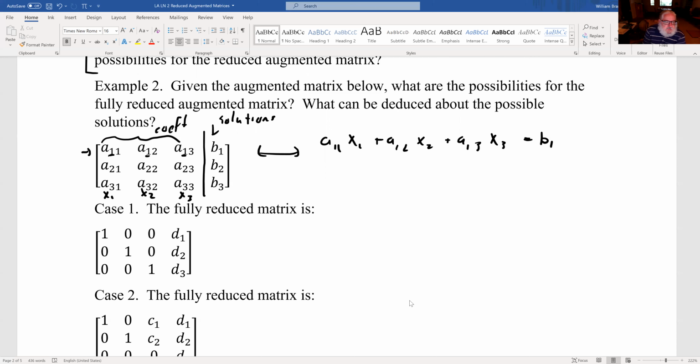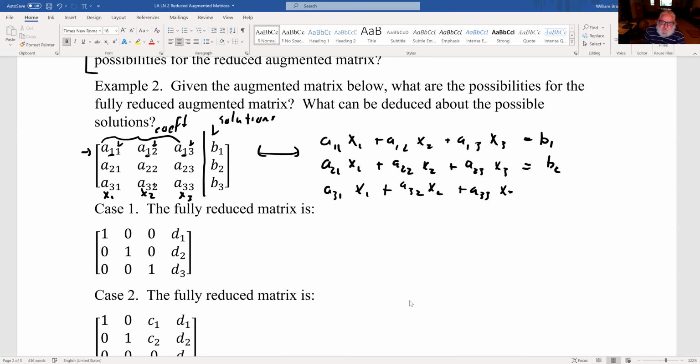And the second subscript tells you which column it's in: column 1, column 2, column 3. So the second equation is a21 x1 plus a22 x2 plus a23 x3 equals b2, and then a31 x1 plus a32 x2 plus a33 x3 equals b3. So this augmented matrix corresponds to this system of equations.